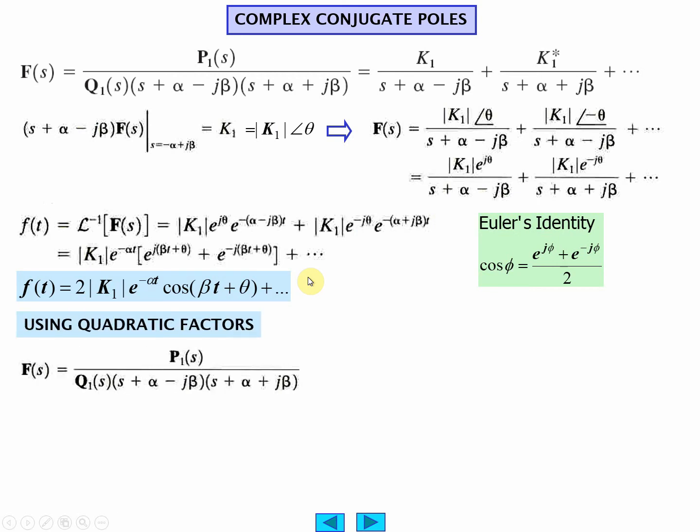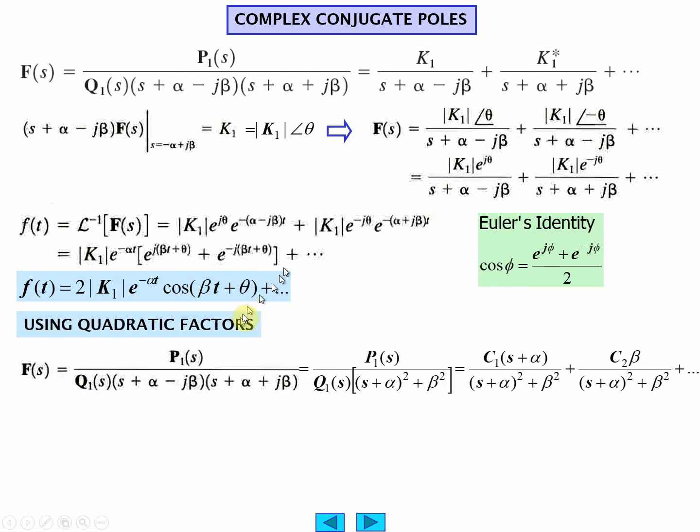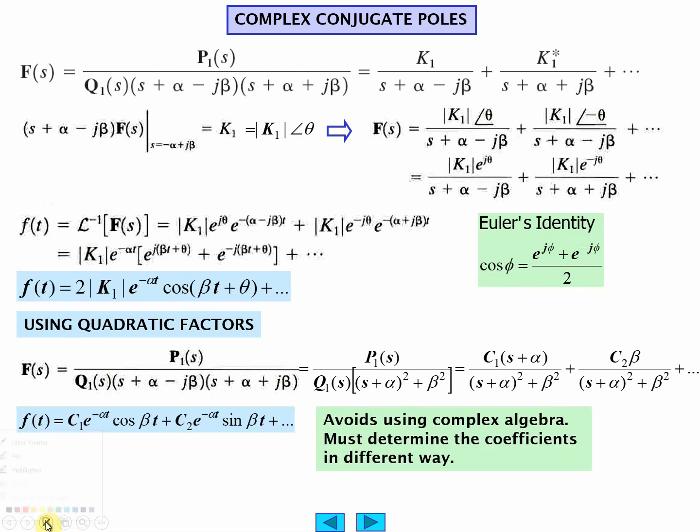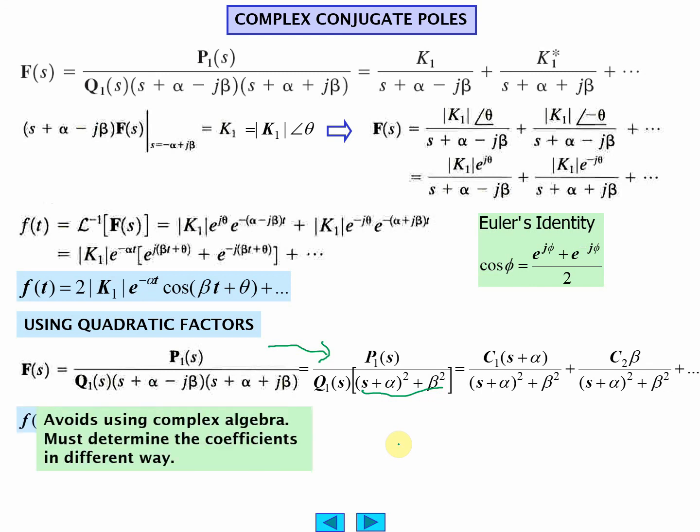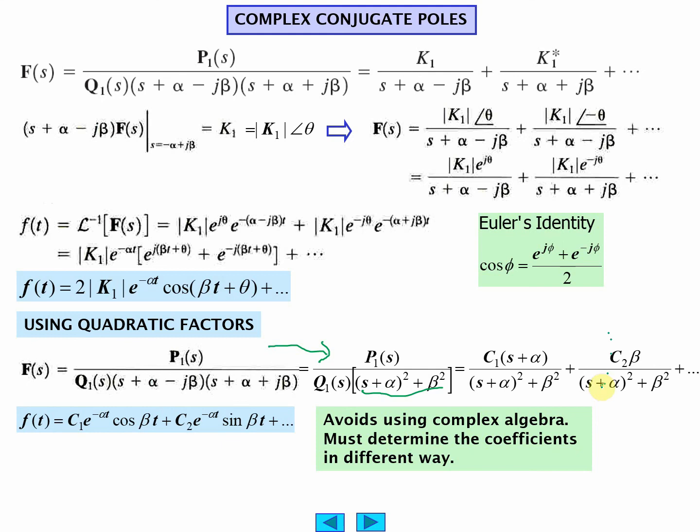Or you can go back and convert this to the squares and then look up the formula for that, and you get this. You might like it because it avoids complex algebra. Once you get used to complex algebra, it's pretty easy though.